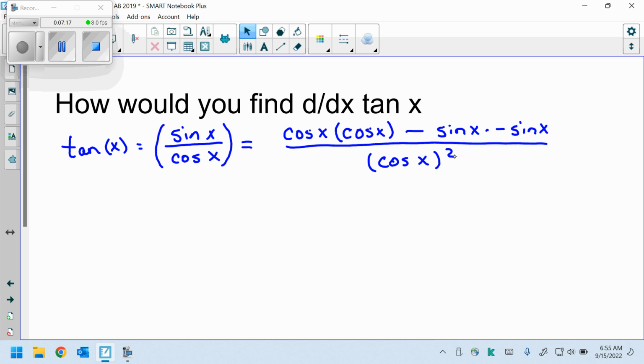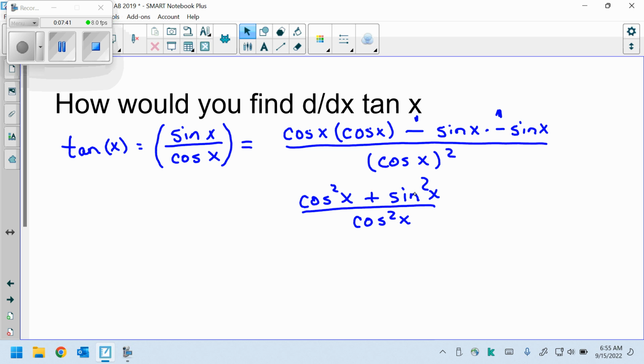But what I'm going to have for my derivative is cosine squared of x, which is another way of writing that, minus negative or plus sine squared of x over cosine squared of x.